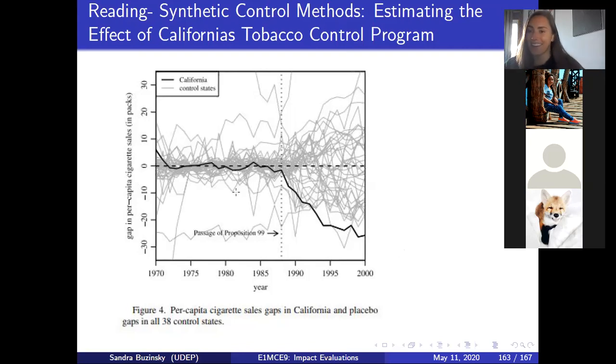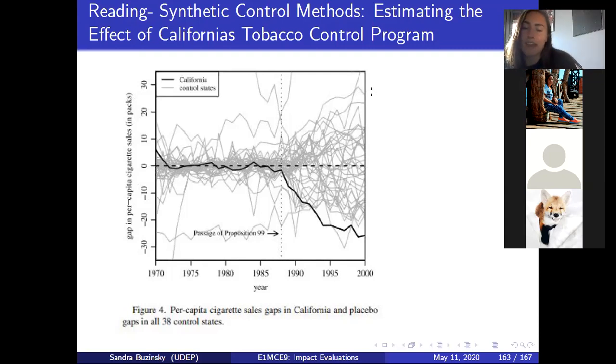But to me, I'm like, what are you smoking? There's so much variation, and so many lines that receive almost a similar effect, like down here. There are also some states that see a large jump in smoking compared to their synthetic controls when they haven't had a policy either. So to me, there's a lot of noise and variation here.